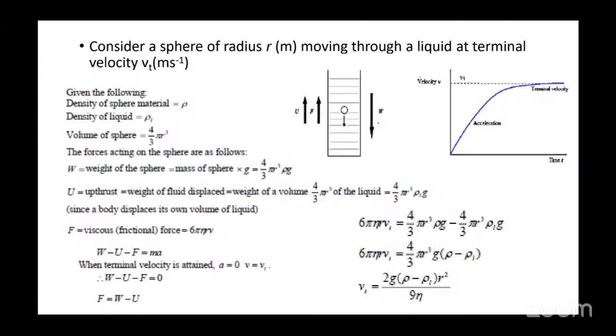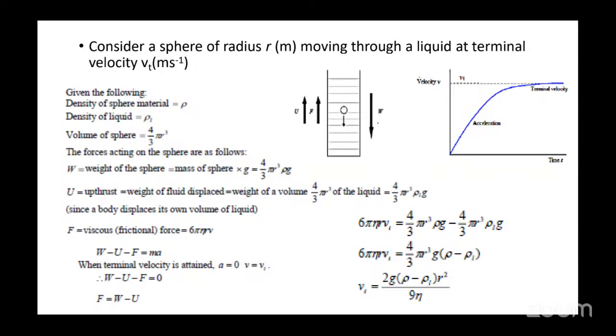To derive the expression for the terminal velocity, we have three forces. One is going down, and two forces are going up. But they are balanced because the speed is constant. So since the speed is constant, the two forces are balanced by the weight force.